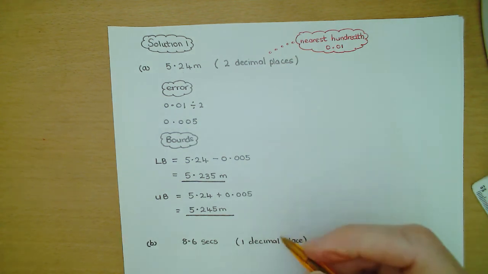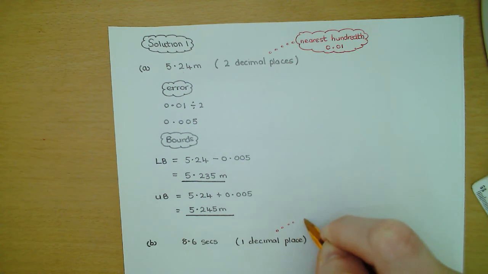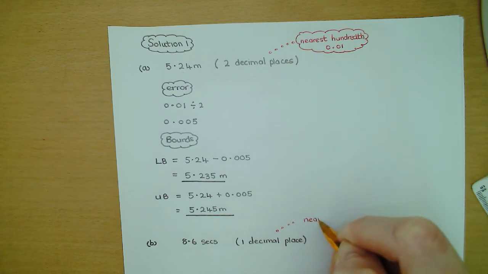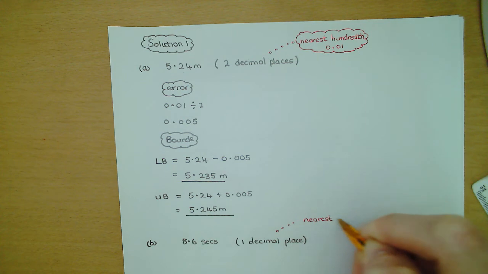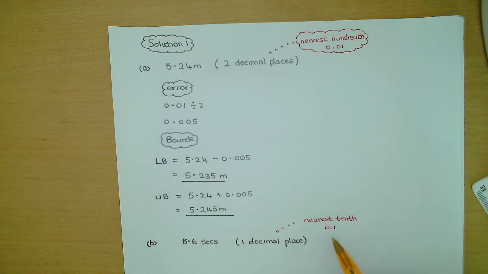It means to the nearest 1/10. Which is obviously 0.1. 1/10 means 0.1. 1 decimal place means the tenths column.